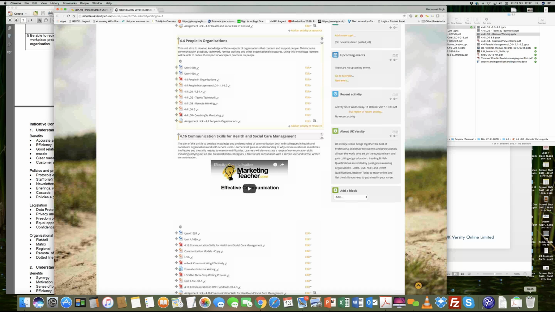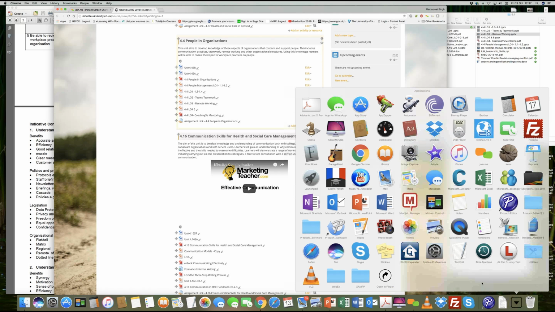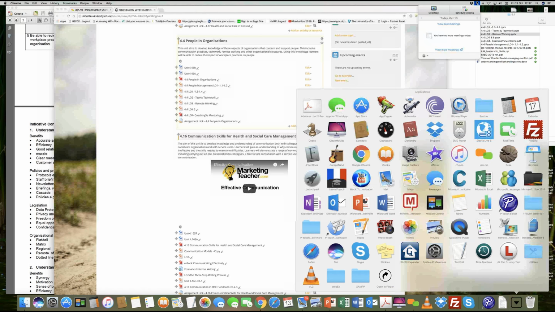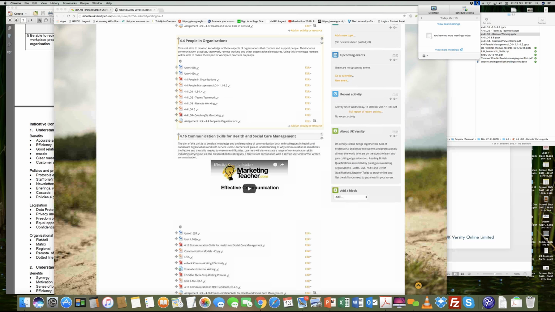If it's not installed, that may be the reason. It doesn't get installed in the dock, as you can see; it just comes across on the top.